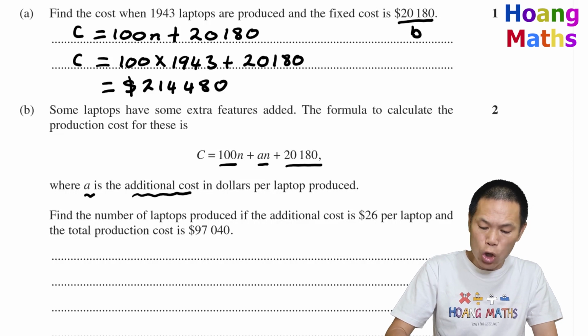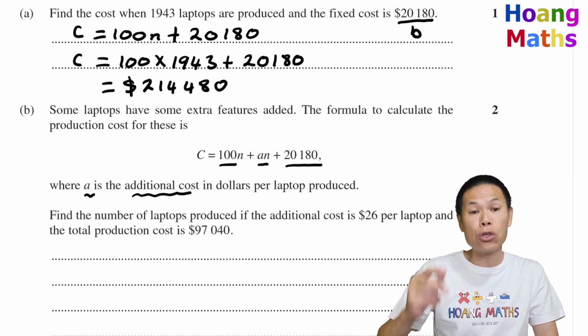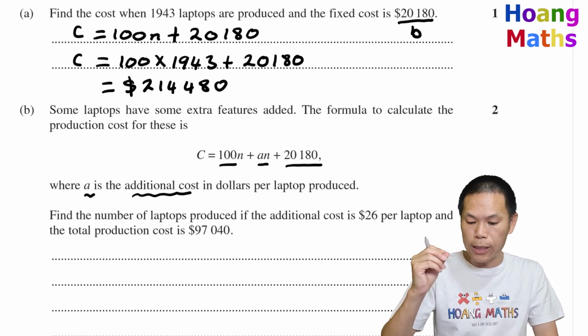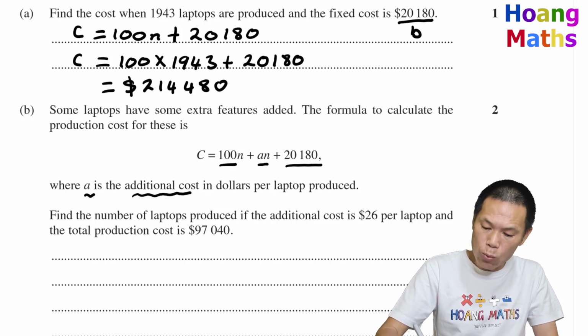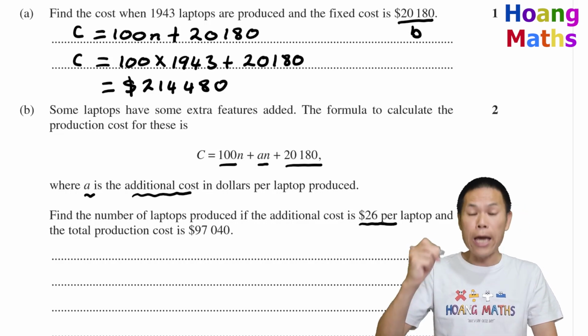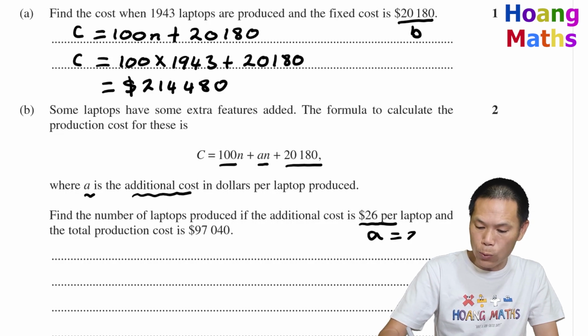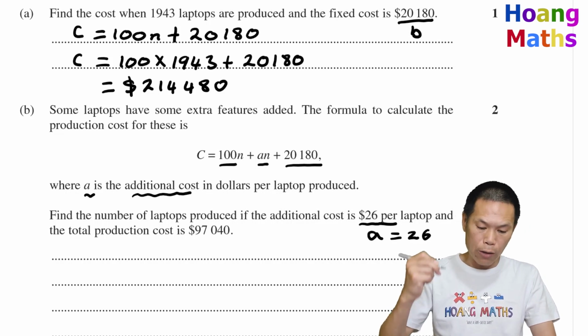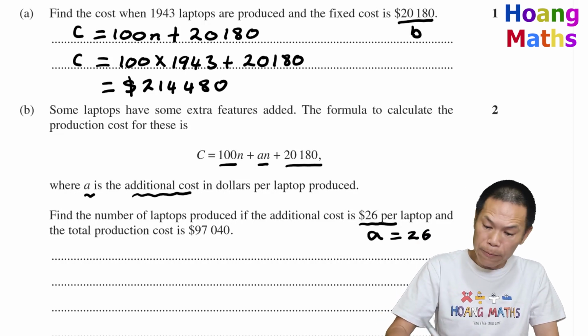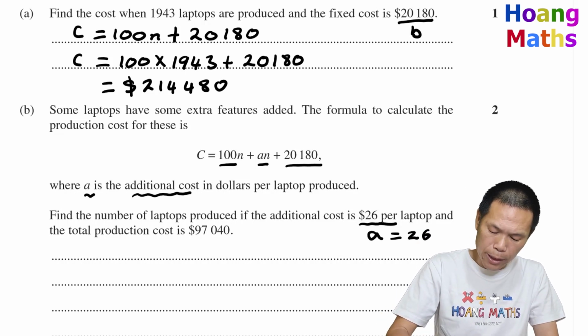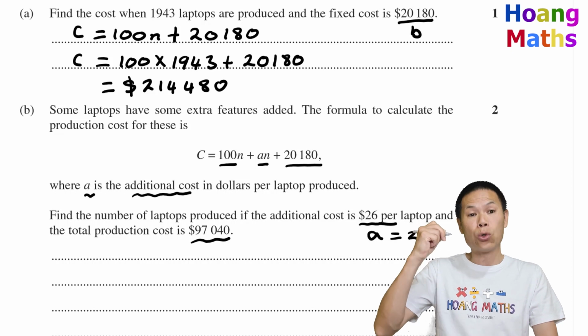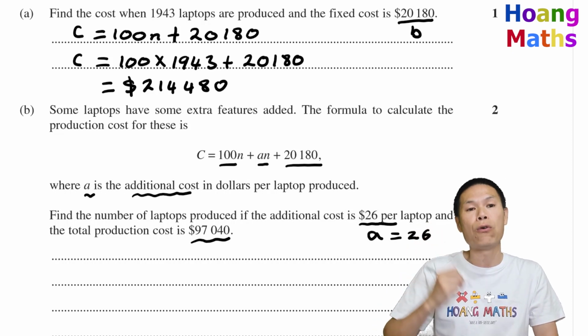Find the number of laptops produced if the additional cost is 26 per laptop. So A is 26. So we need to work out the number of laptops when the cost C is equal to 97,040.